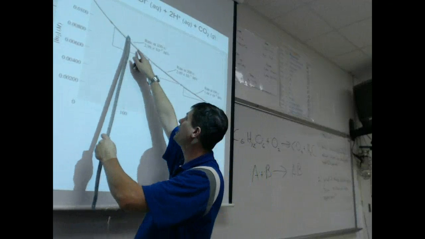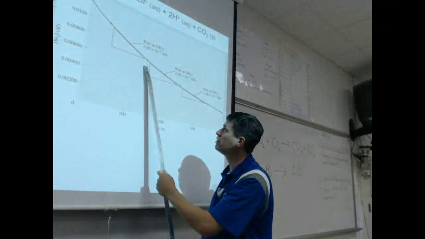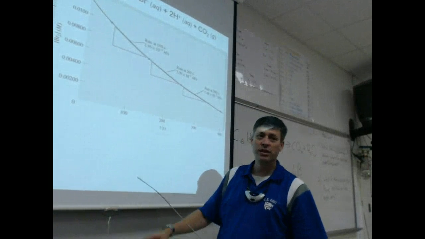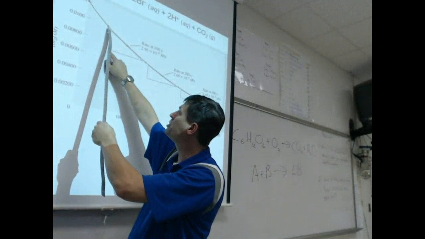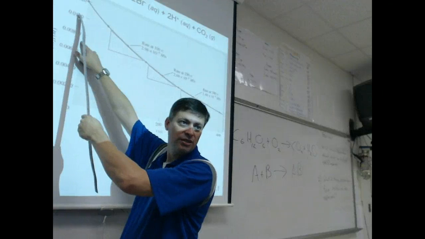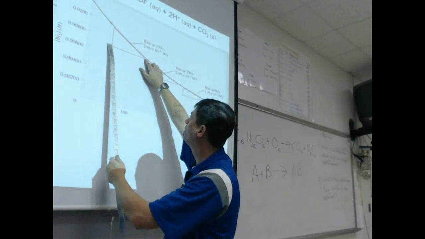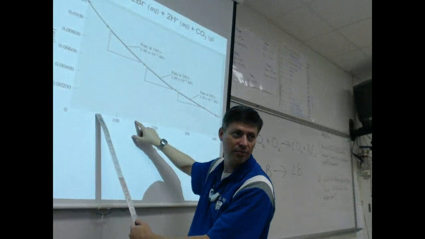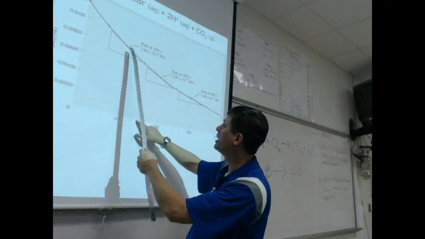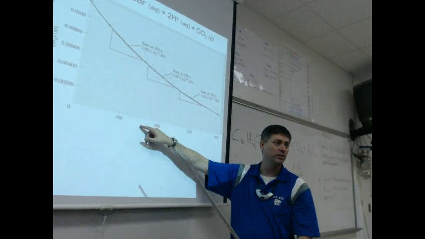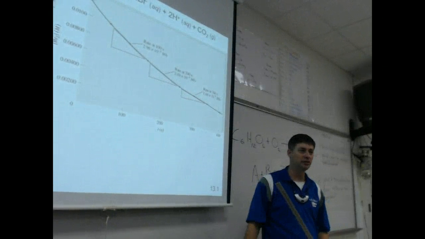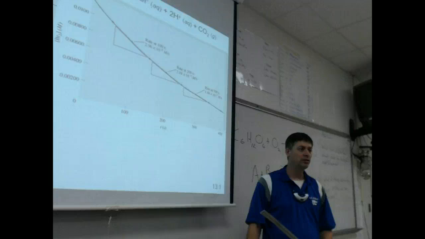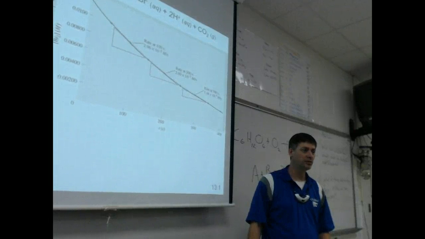If you just extend it out a ways and then make a triangle, then you can look at this from here to here. This would be the change in concentration over the change in time, and you can calculate the instantaneous rate at that point, at that instant. And it doesn't matter how big you make the triangle. You understand what I'm saying?